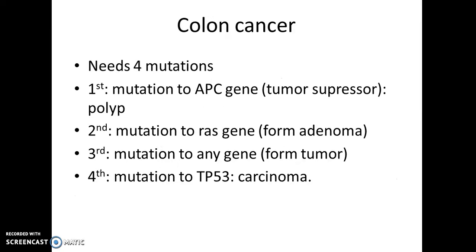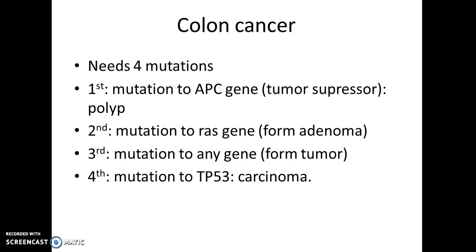Now, in colon cancer, which isn't a very pleasant topic, there need to be 4 mutations that happen in order for colon cancer to occur. The first mutation is to the APC gene, which is a tumor suppressor, and the cells divide and form a polyp, which is a growth. The second mutation is to the RAS gene, and then you form an adenoma. Remember, the RAS gene is a proto-oncogene.